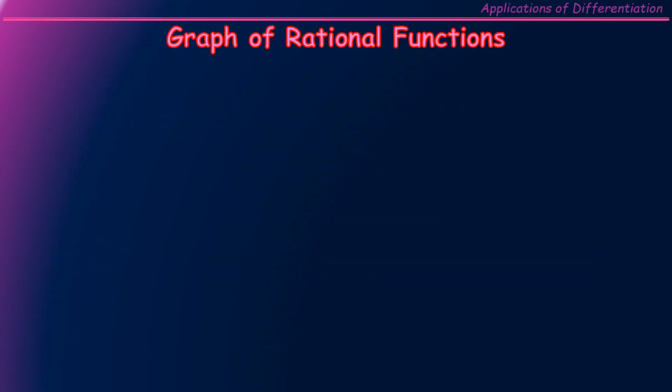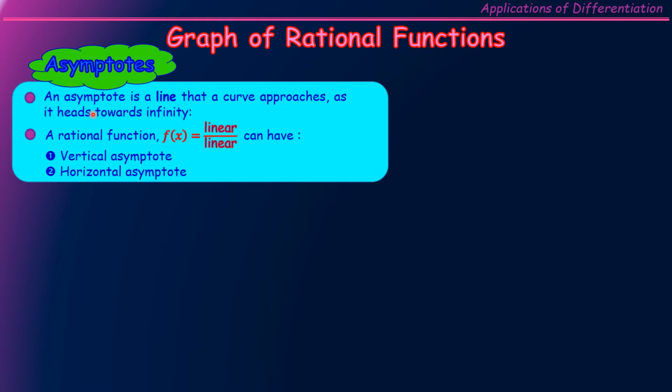Now we look at an asymptote. An asymptote is a line that a curve approaches as it heads towards infinity. A rational function f(x) equals linear over linear can have a vertical asymptote and a horizontal asymptote. First, let me check it out.